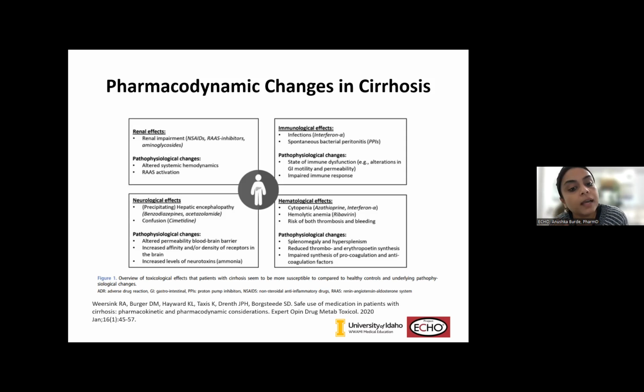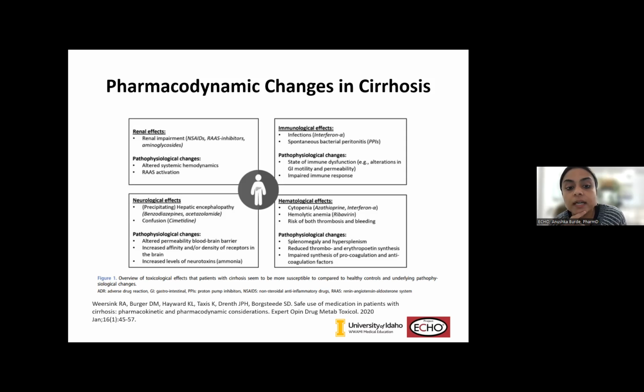These pumps help keep medications out, and when they are downregulated by high levels of bilirubin, there is increased risk of passage of those medications across the blood-brain barrier.